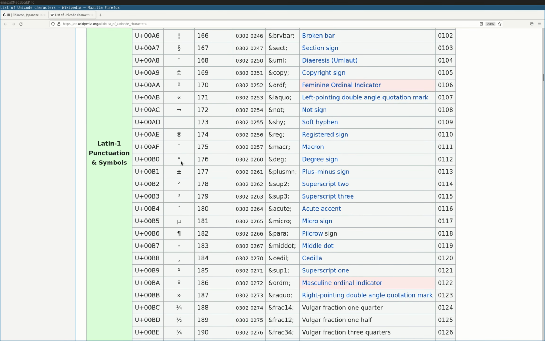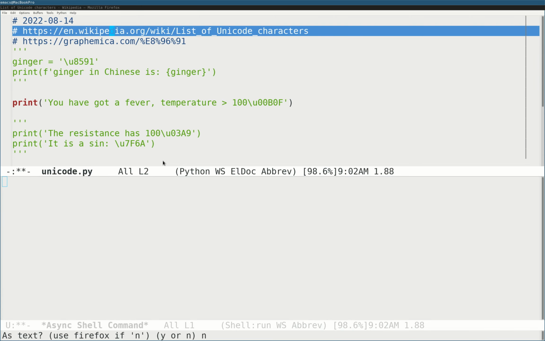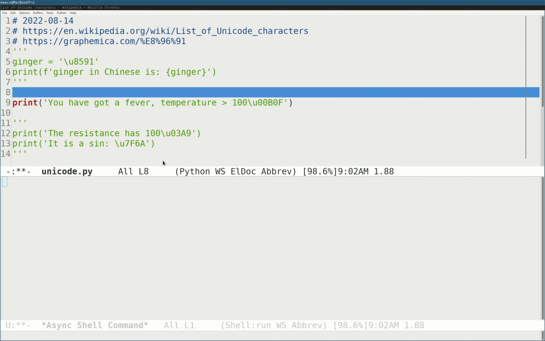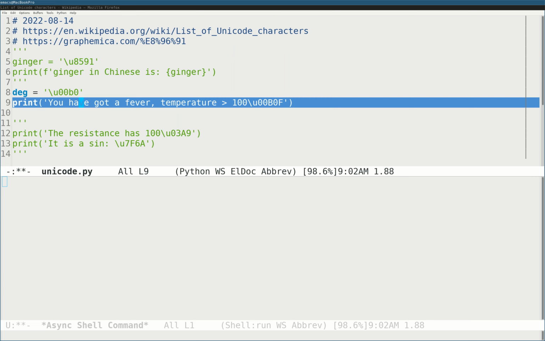You copy the degree Unicode and go back. Say degree. Again, get a structure, remove this part and make it lowercase. And remember, it has to be lowercase. No way, no choice.